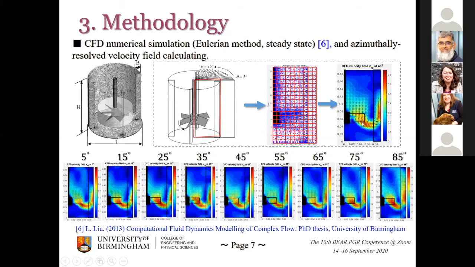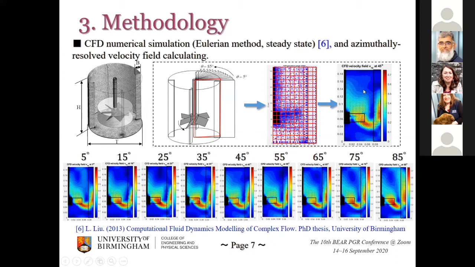And here is the process of how to calculate. From the CFD numerical simulation, we use the Eulerian method and steady state to get the result, and we output the velocity field at each azimuthal plane, and we use a mesh to calculate the velocity field at each position.